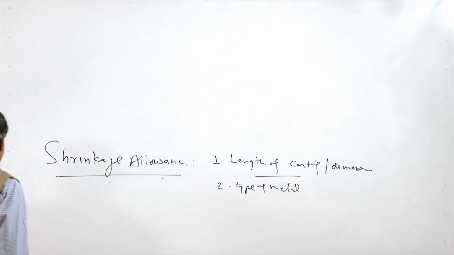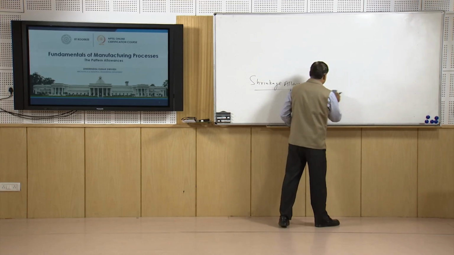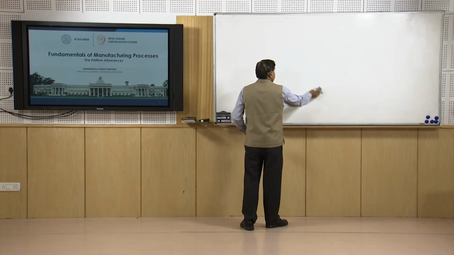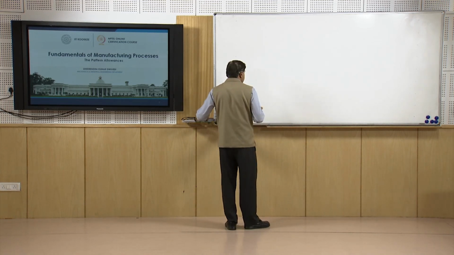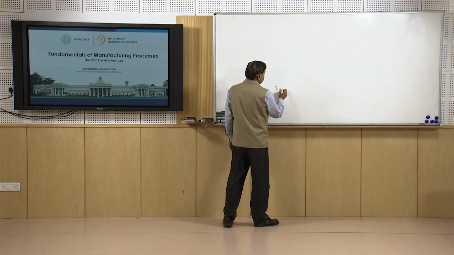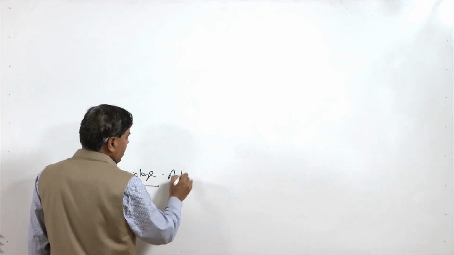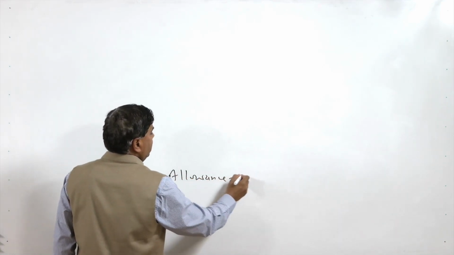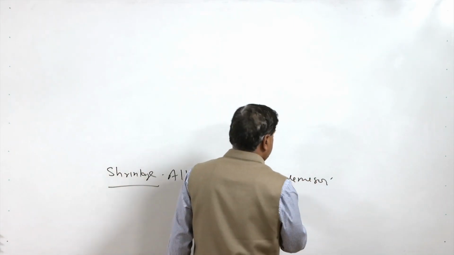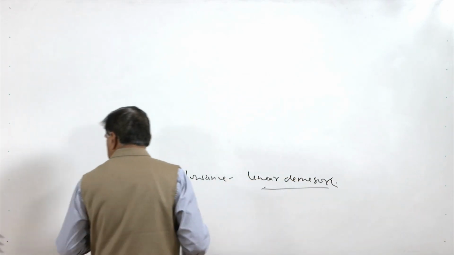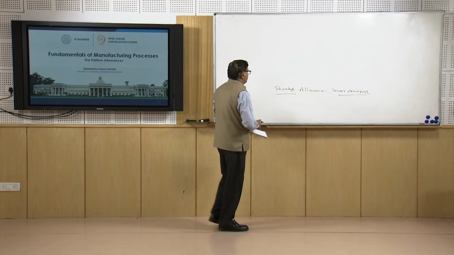For this we need to consider one example, and talk about the factors which affect the shrinkage. Shrinkage allowance is always given to the linear dimensions of the pattern. That is what we will try to understand through certain examples as well as numerical values.